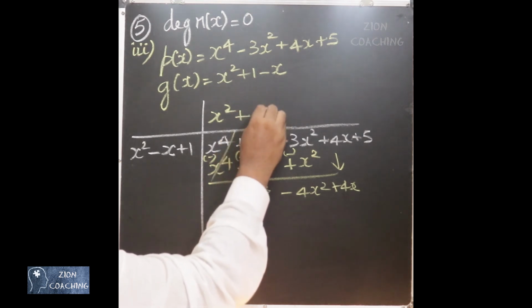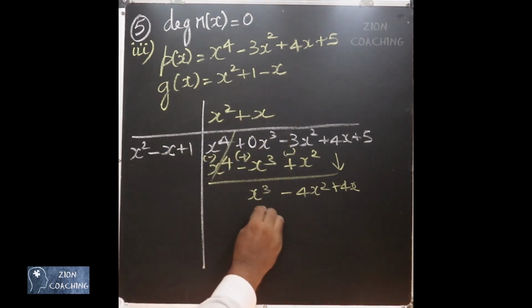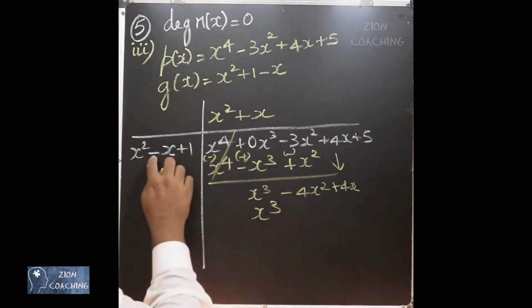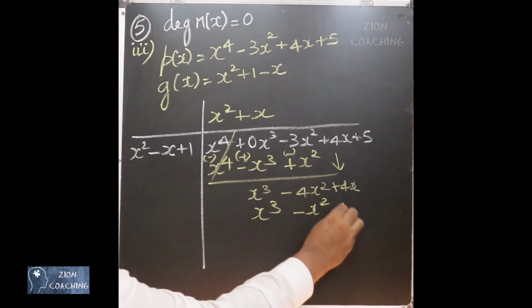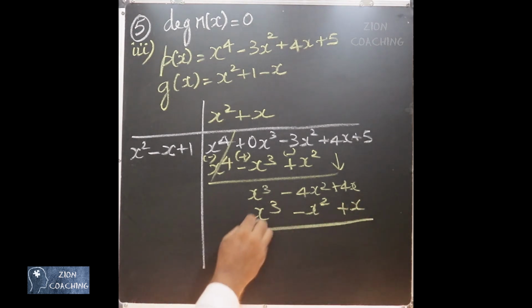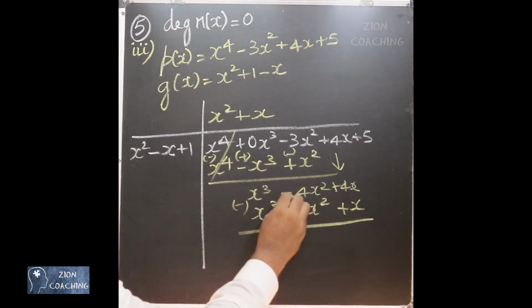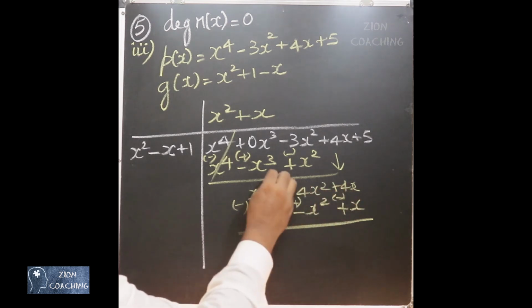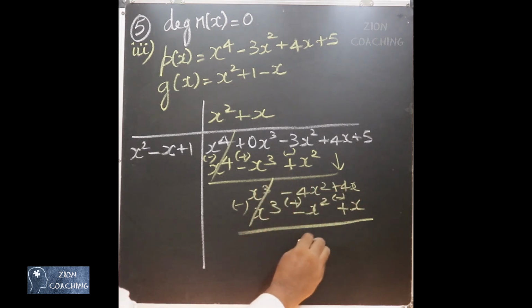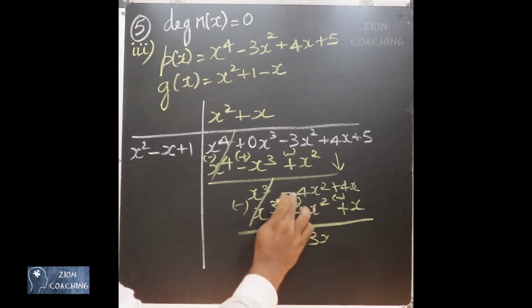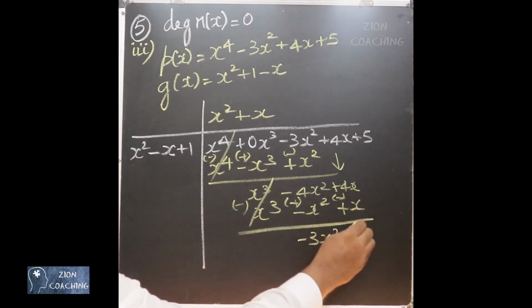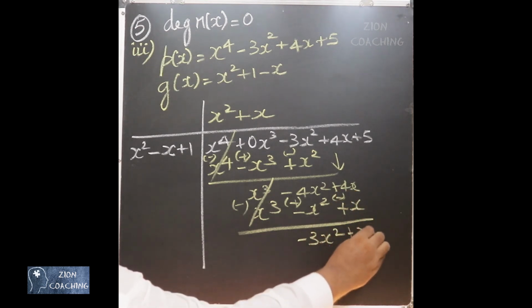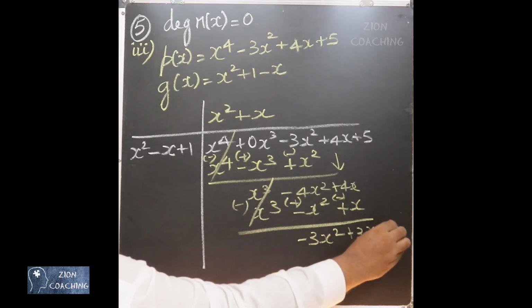So we are going to multiply by x. x into x squared is x cube. x into minus x is minus x squared. x into 1 is x. So change the symbol and add. And this will get cancelled. We will have minus 3x squared, then 4x minus x is going to be 3x plus 5.